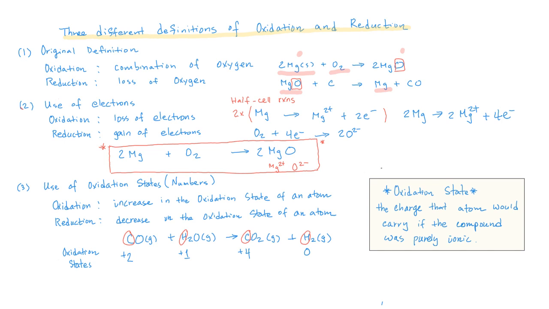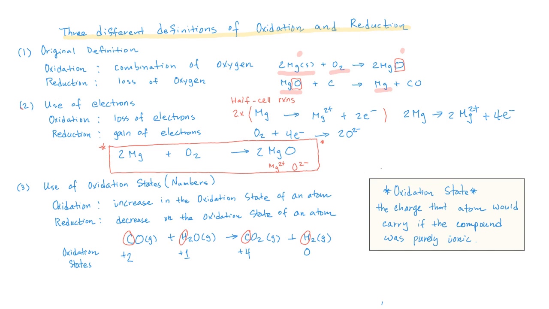Let's take a look at the same chemical reaction as before. A magnesium element reacts with oxygen, which produces magnesium oxide. Magnesium and oxygen are elements. On the other hand, magnesium oxide is an ionic compound which consists of the magnesium 2+ cation and oxide anions.